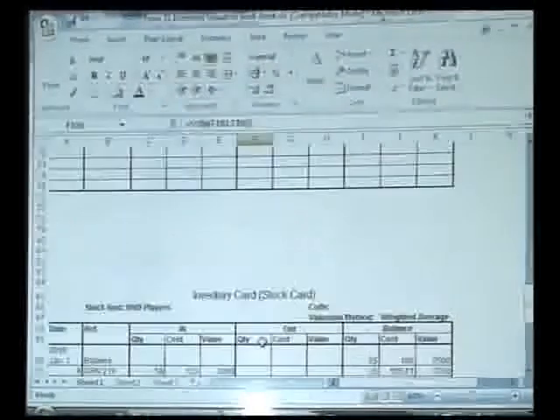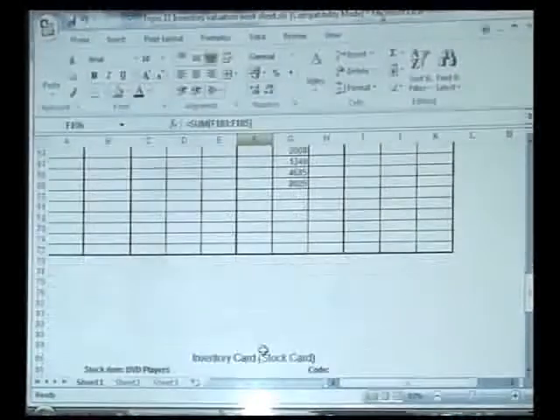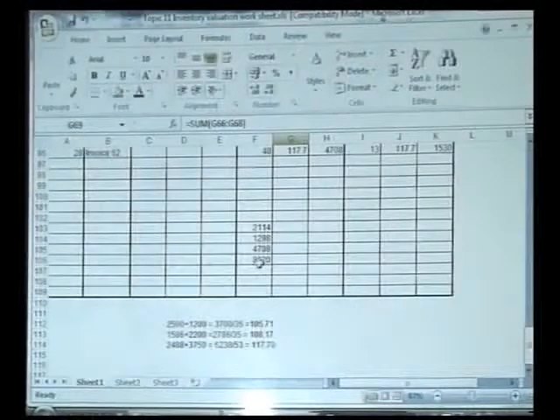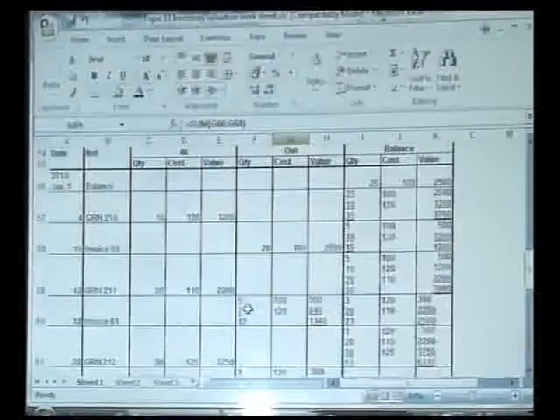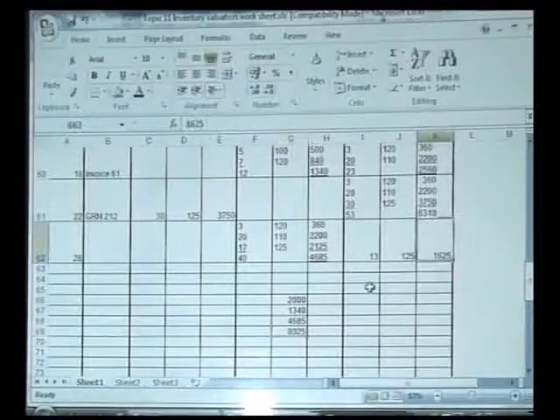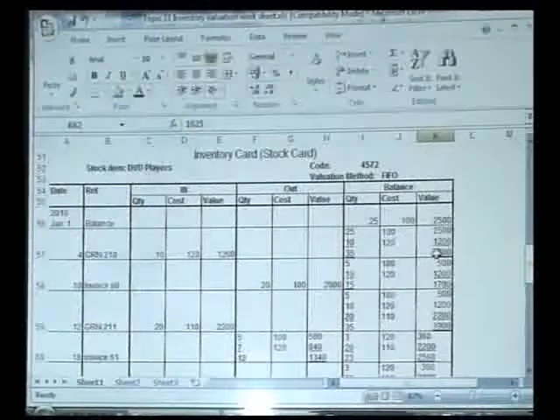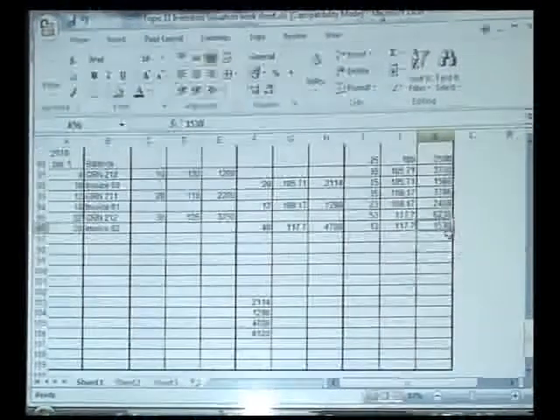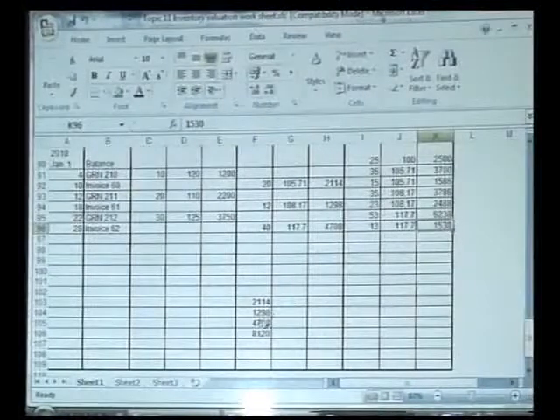And under the first in first out method, it was 8025, now it is 8120, different values. And here the stock on hand is 1625 under the FIFO method, but under the weighted average method it is 1530.